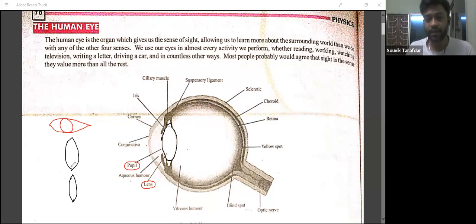Now, can you tell me which lens has more power? The thick one or the thin one?